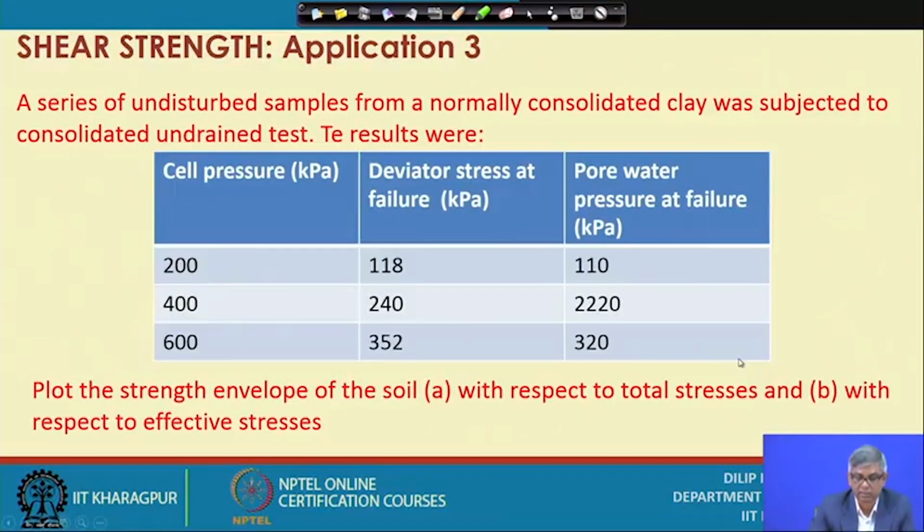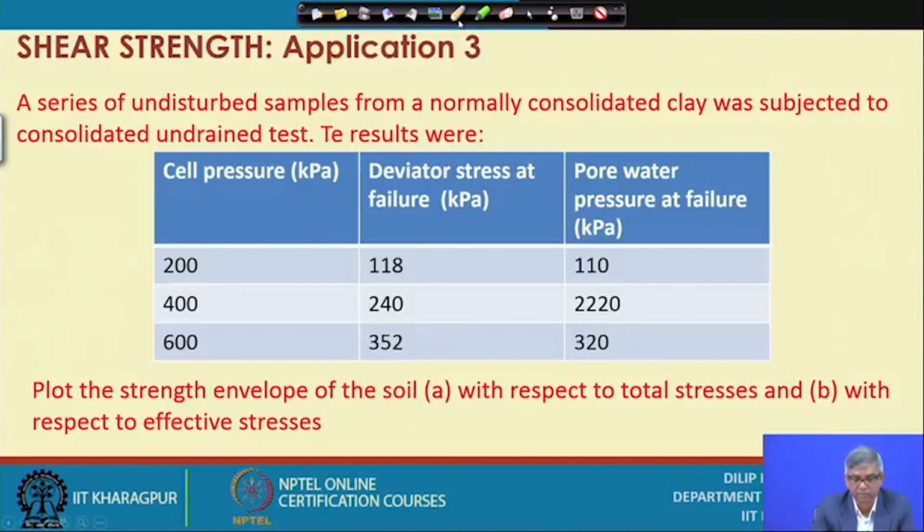You can see this problem: a series of undisturbed samples from a normally consolidated clay was subjected to a consolidated undrained test. Just note it: consolidated undrained test, that means consolidation is done in the first stage, but in the second stage draining is not allowed.